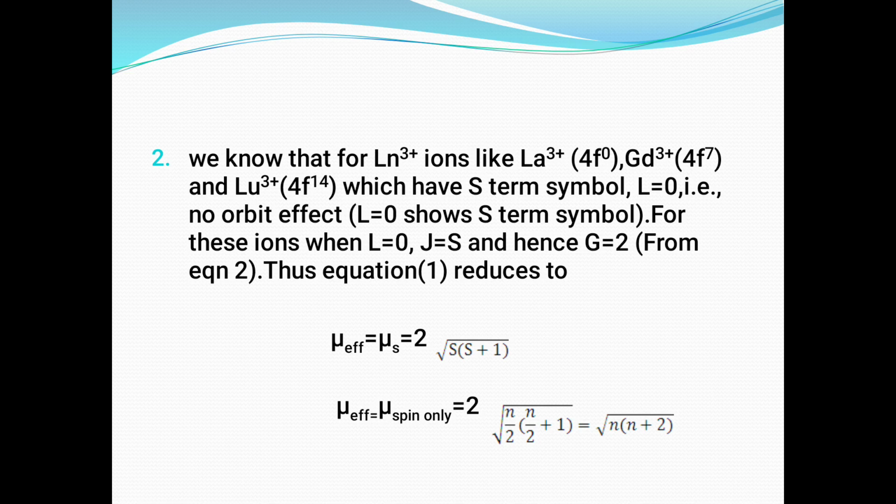We know that lanthanide 3+ ions like La3+, Gd3+ and Lu3+ have an S term symbol. L is equal to 0, so there is no orbital effect. The equation reduces to mu effective equals mu S, which is equal to 2 into the square root of S into S plus 1.